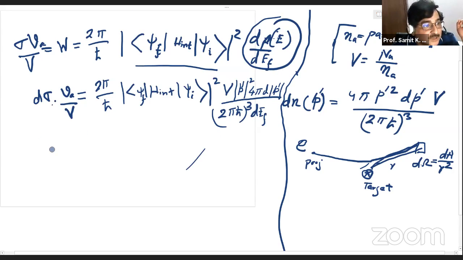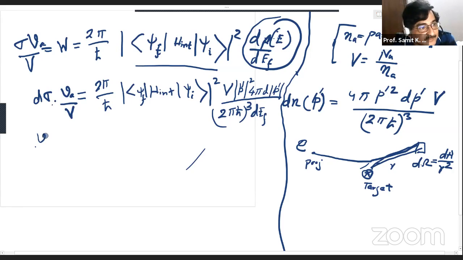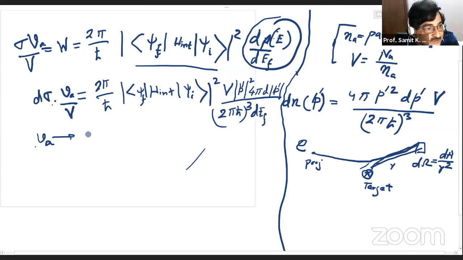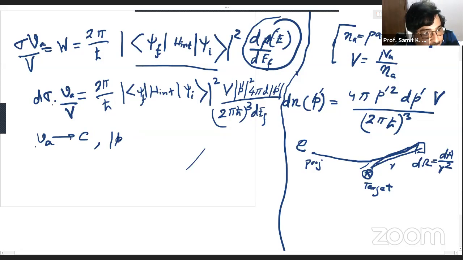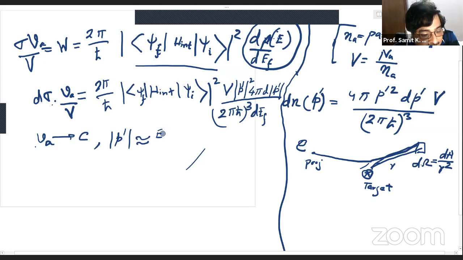Okay, so now if we consider the velocity v_a is approaching the velocity of light, then I can consider the momentum, this p prime, the final momentum, which is nearly equal to E prime by c.